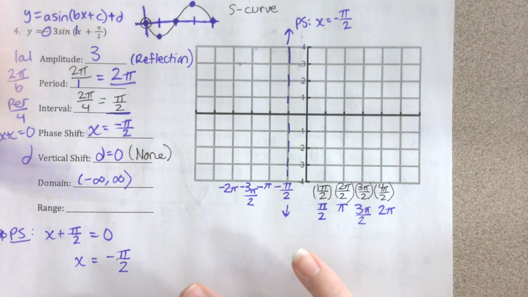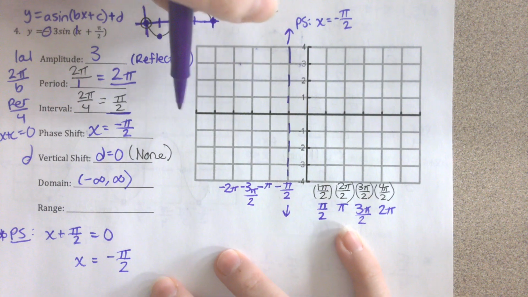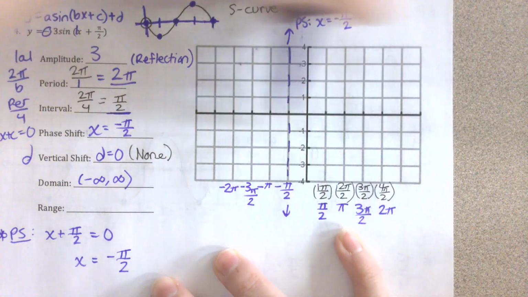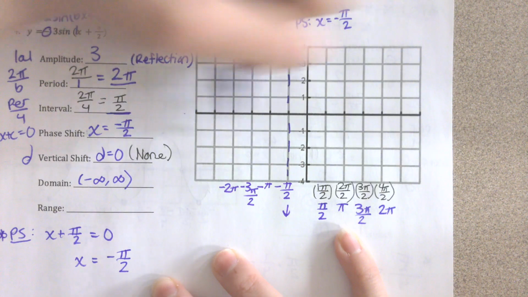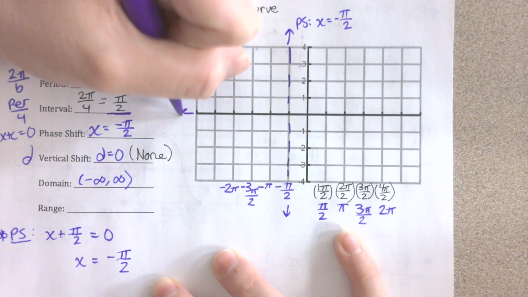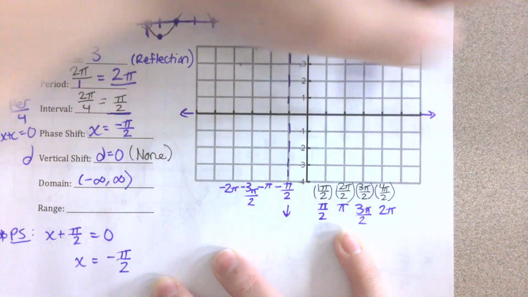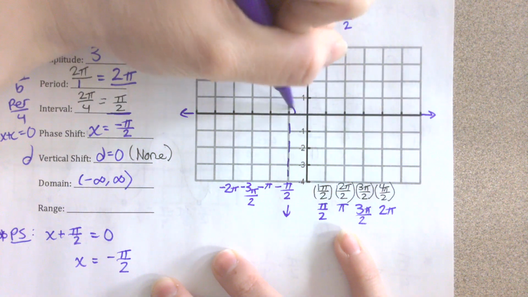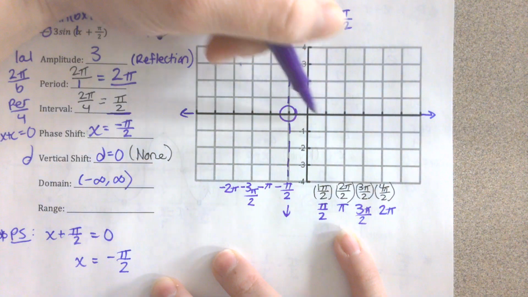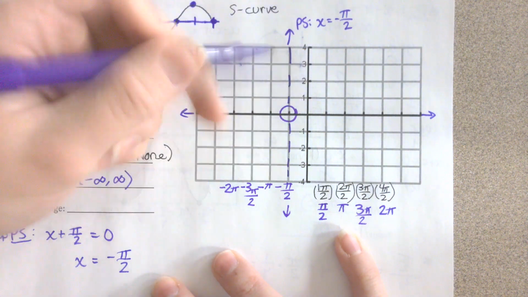And there's no vertical shift. So our midline is still where it was to begin with on the x-axis. You can draw it over it if you'd like, or just at least highlight the ends just for emphasis. We're still starting here. So we just moved over 1. That's it. Didn't move up or down.